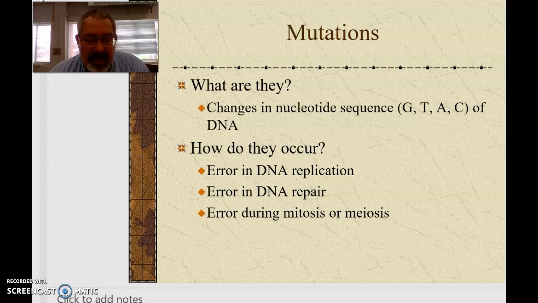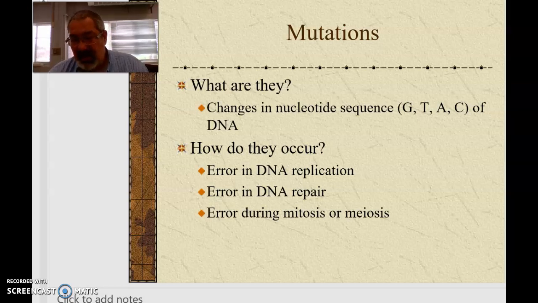So, how do you think they occur? In some cases, they occur in interphase when DNA is replicating itself in the S phase of interphase, making duplicate chromatids, if you will. Sometimes that mutation isn't repaired in the repair process after replication has finished.